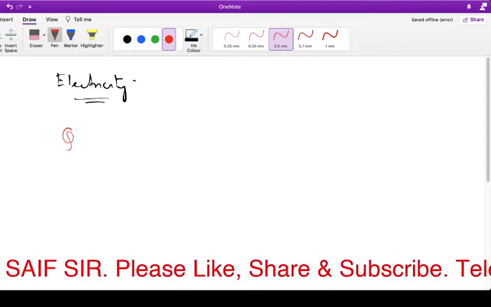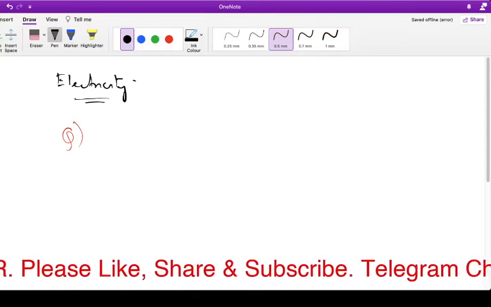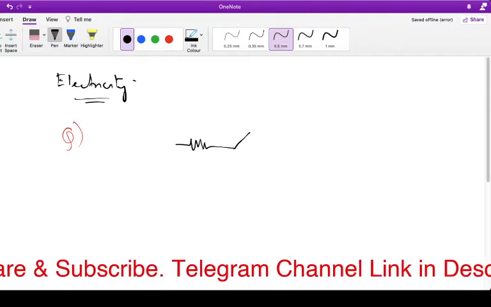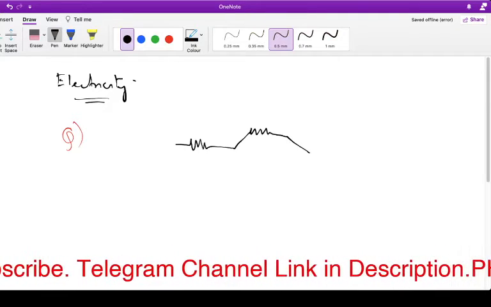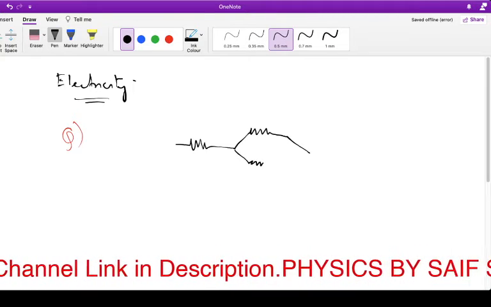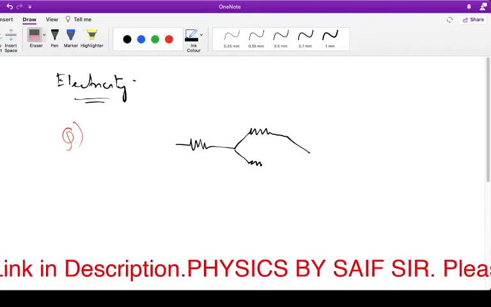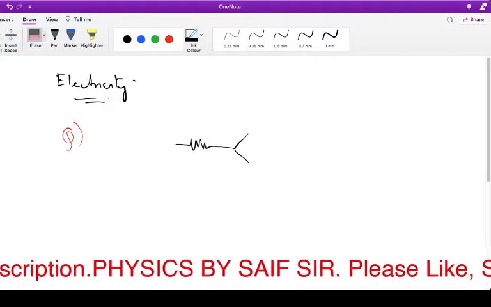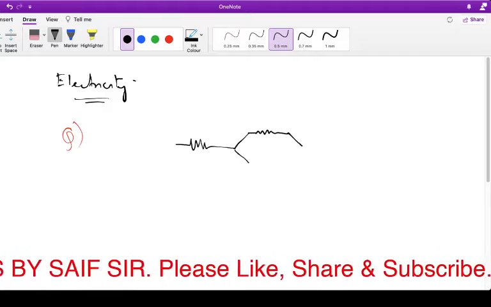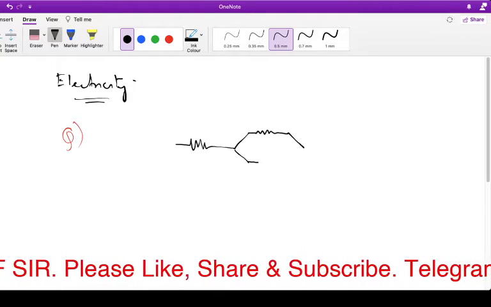So we have this question here. We have one resistor here, and here we have one resistor.